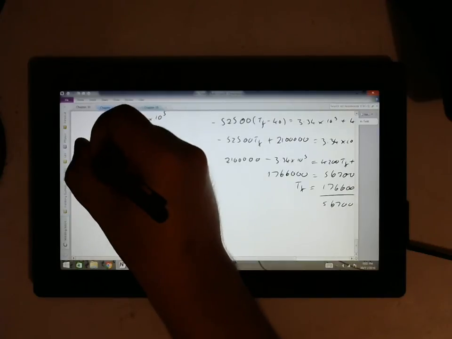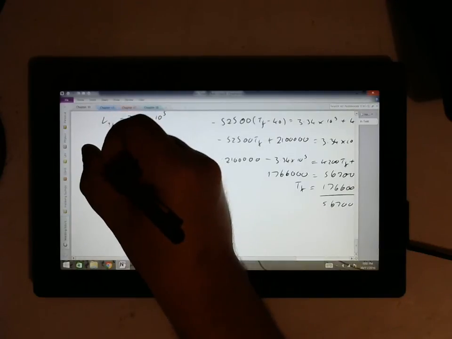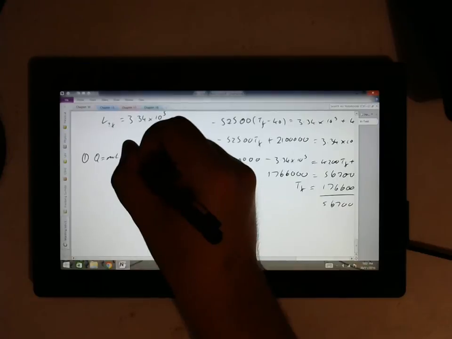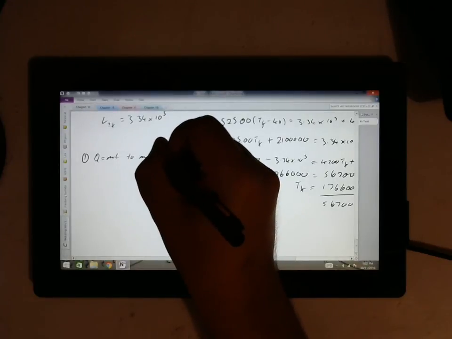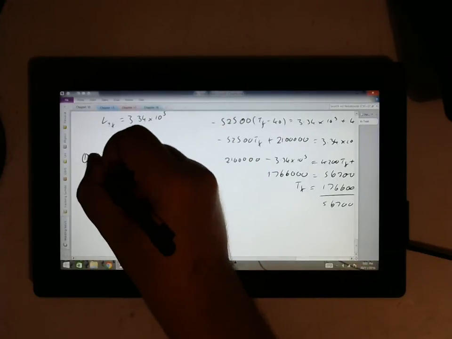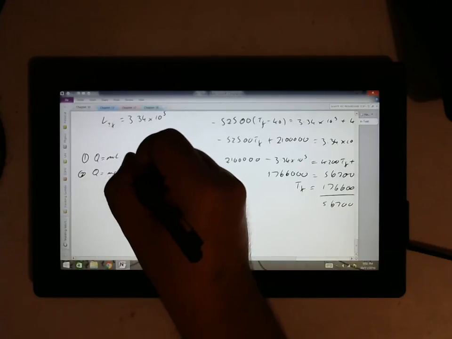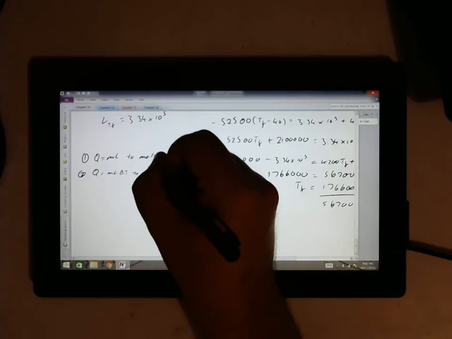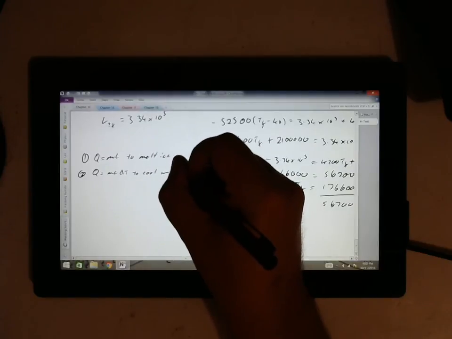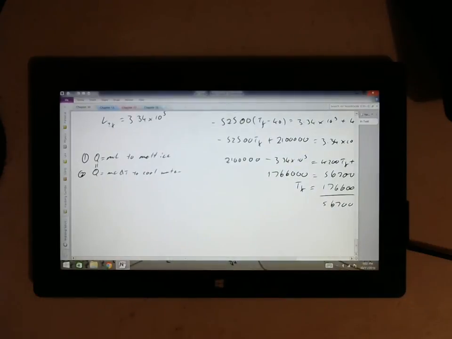So the first thing I would do is I would use Q equals mL to melt ice, and step 2 from that, Q equals mc delta T to cool the water. Okay, and these Qs would be equal to each other.